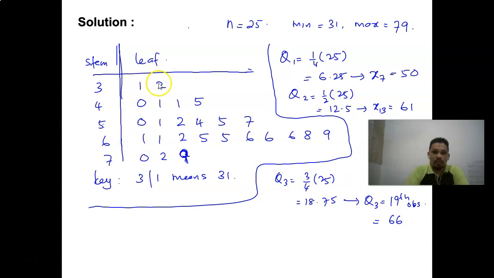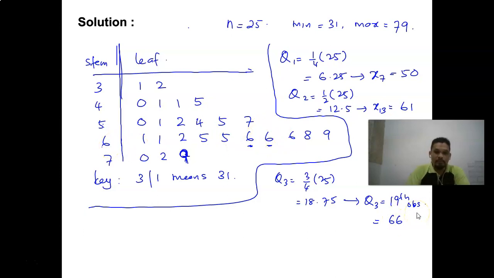Counting 1, the first, second, third, fourth, fifth, sixth, seventh, 8, 9, 10, 11, 12, 13, 14, 15, 16, 17, 18, and 19. 66 and 66, these are the 18th observation and 19th observation. So it's all here with 66.